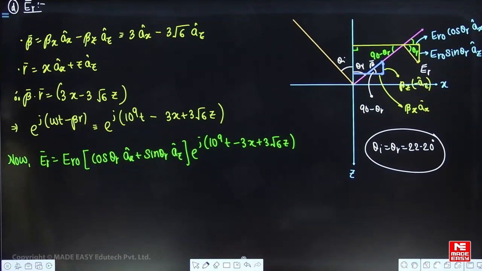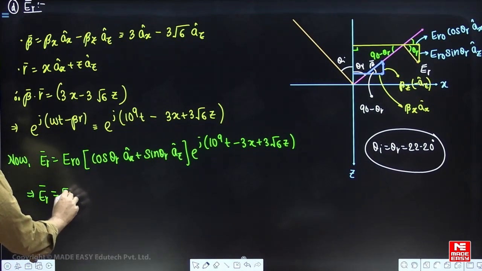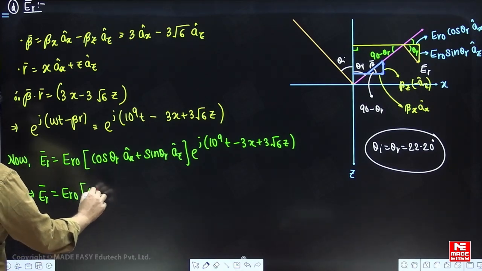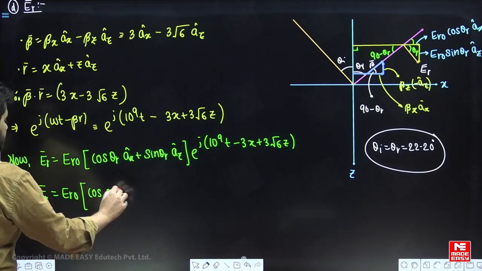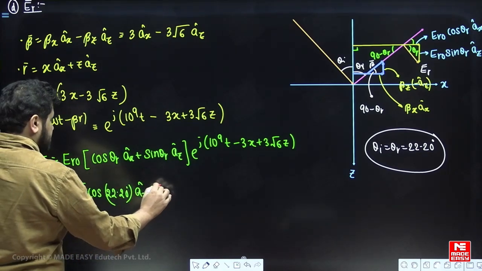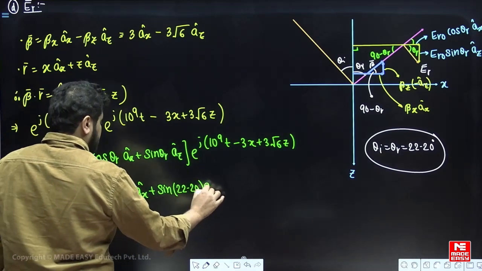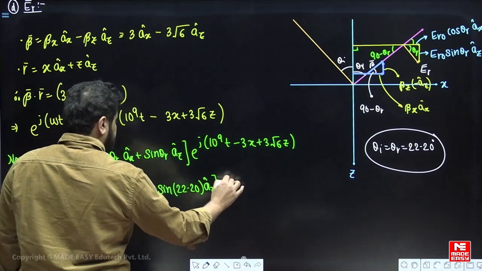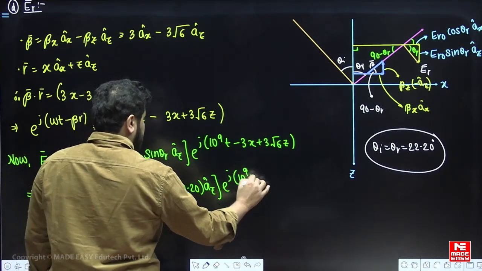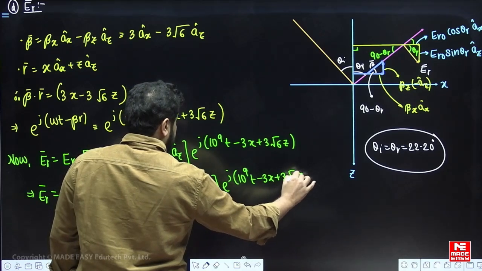Now we have the value of theta r. So Er is equal to Er0 cos theta r, which is 22.20 degrees, in the direction of ax plus sine of 22.20 in the direction of az, e to the power j 10 to the power 9 t minus 3x plus 3 times root 6 z.